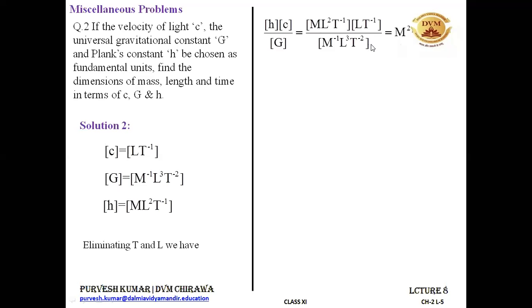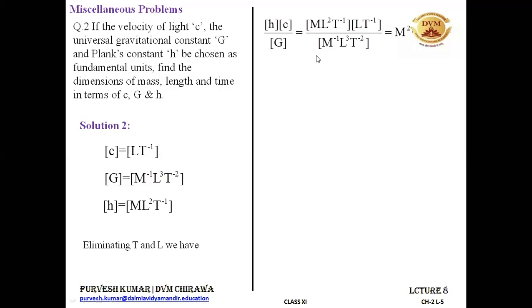See, this is one possible solution. You can solve it in any other way. You can also take G divided by h c. That would also be one possible solution. This is something that clicked in my mind just by seeing it, that I can eliminate these L and T by doing this. You will get the same result any other way.